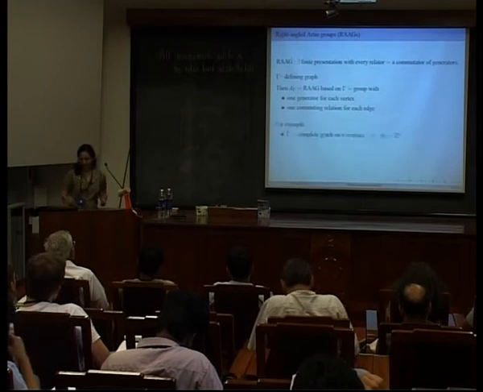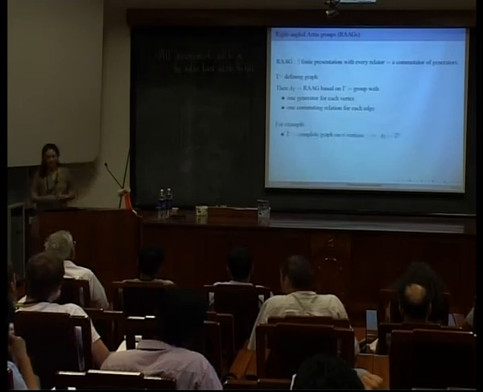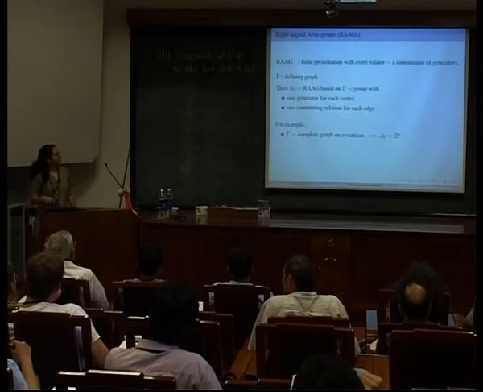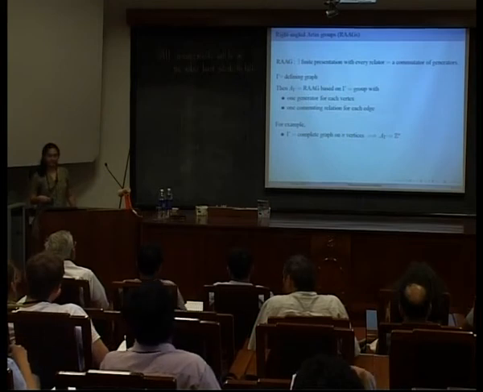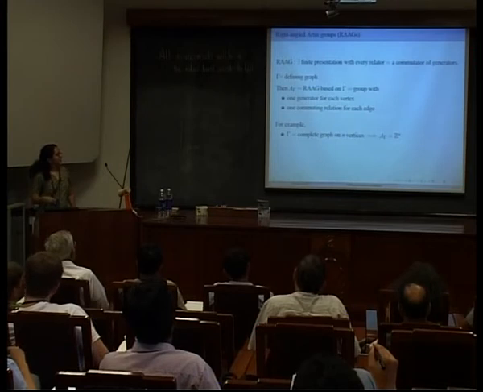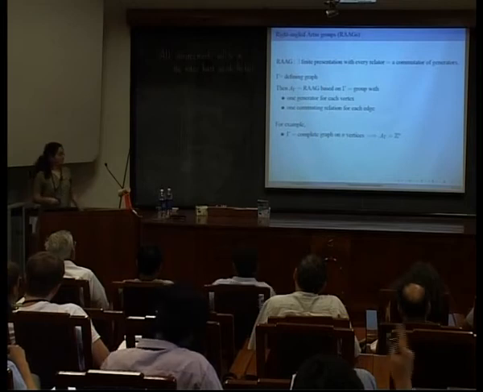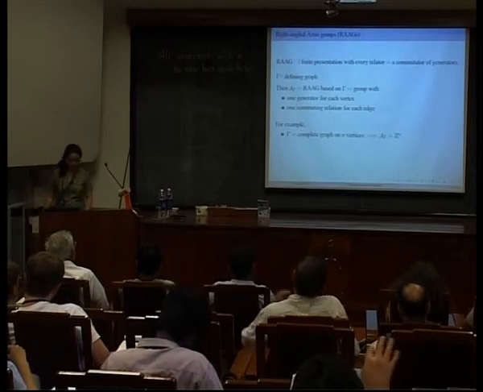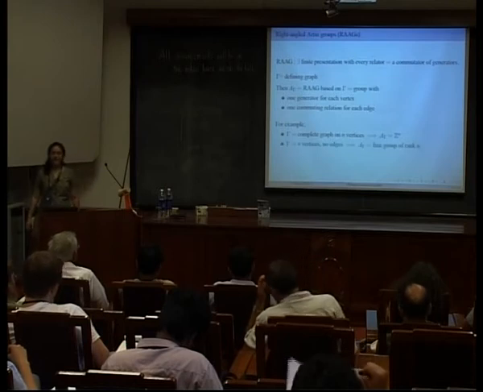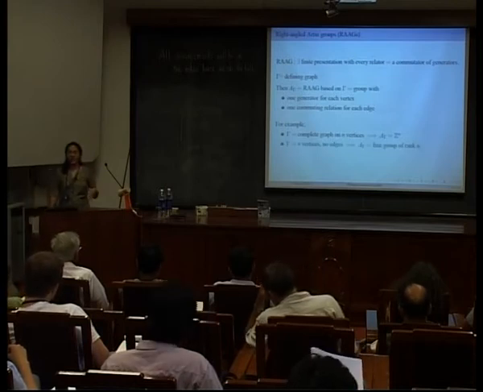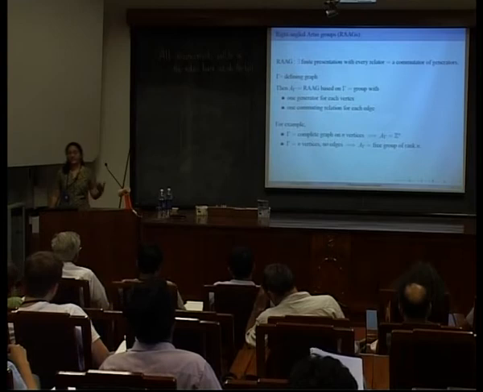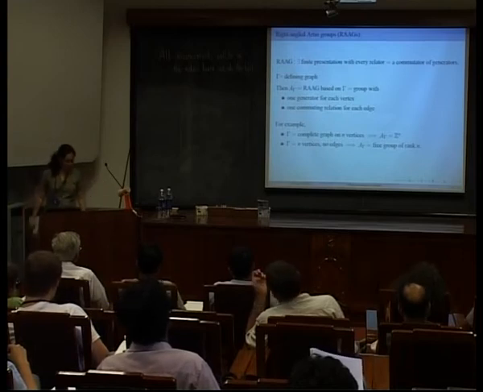So let's look at some examples. If gamma is the complete graph on n vertices, then you have n generators, and every 2 generators commute, and so you just get Z to the n. On the other hand, if you have n vertices and no edges, then you've got n generators and none of them commute, and so you just end up with the free group.